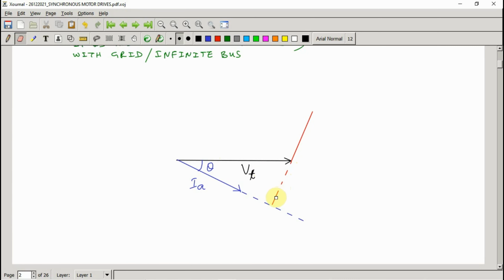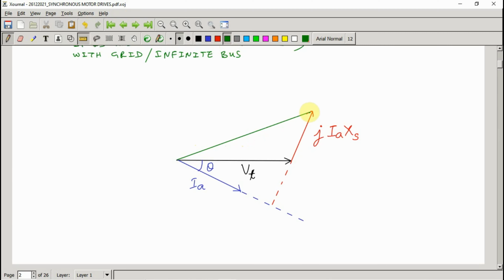I will indicate on the diagram. This is j multiplied by Ia, the armature current per phase, into Xs, the synchronous reactance. The phasor sum of Vt and the voltage drop in the synchronous reactance will give us the excitation EMF, that is Ef. So the excitation EMF Ef is this one.